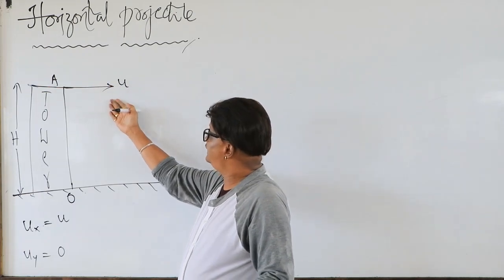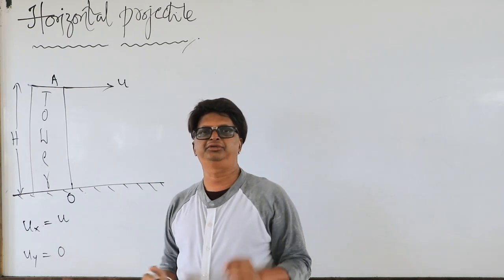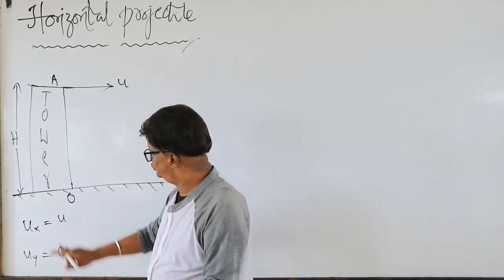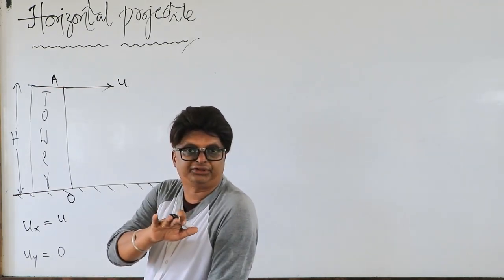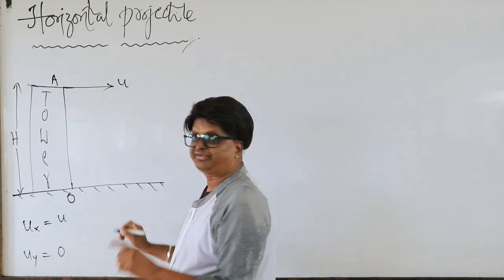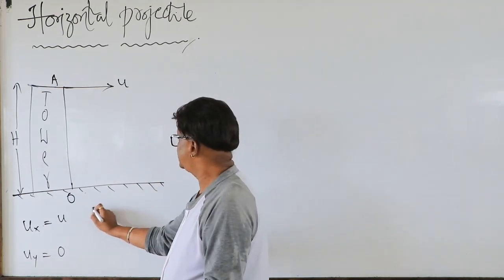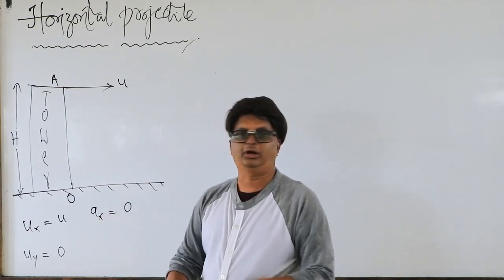Whatever is seen as a physical event, for that I am writing a few important data. ux is equal to u. uy is 0. Initially there is no velocity in the vertical direction. Once again, in the horizontal direction there is no effect of gravity, therefore I will write ax is equal to 0. No acceleration in the horizontal direction.